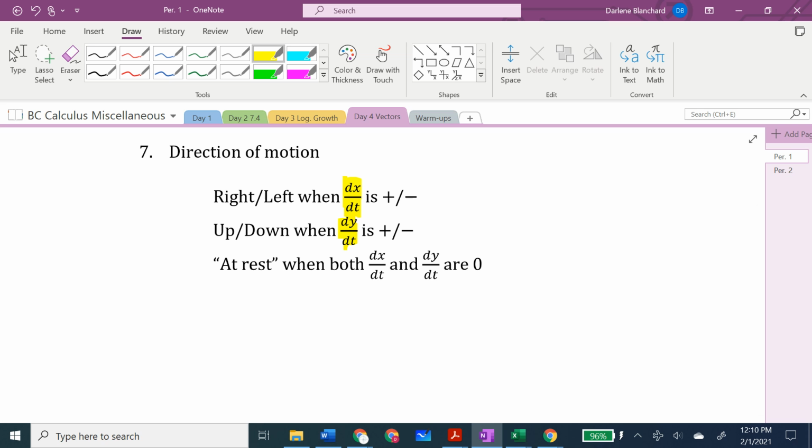At rest, before, just meant any time when the velocity is equal to 0. But now to be at rest, you cannot be moving in either of the two directions. They have to be 0 at the same time in order to be considered at rest.